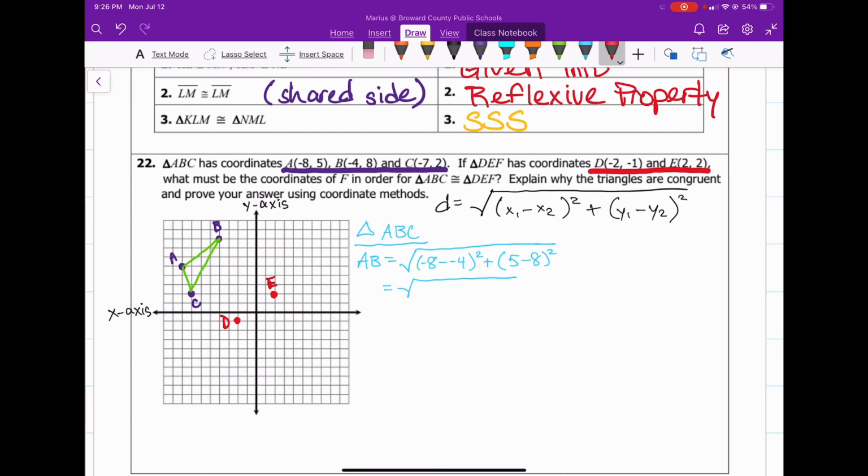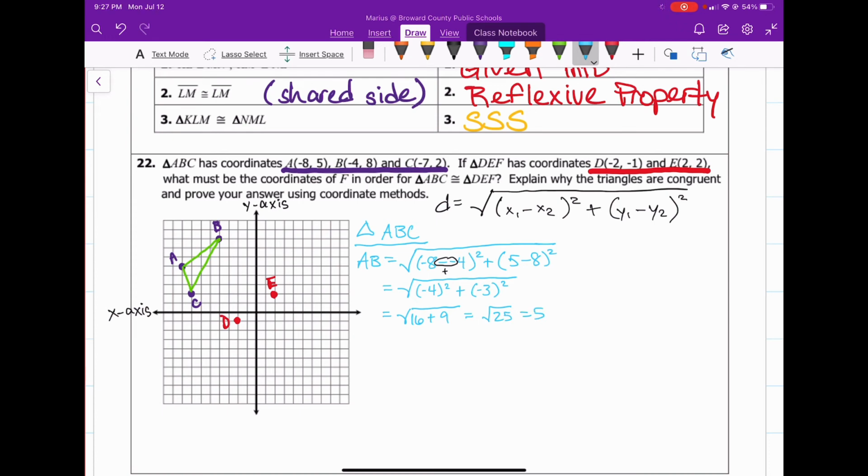Because these subtractions become a plus. So -8 plus 4 becomes negative 4 squared plus negative 3 squared. If you keep working that out, that's going to give you 16 plus 9, which is equal to the square root of 25, which is equal to 5.